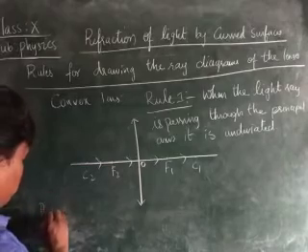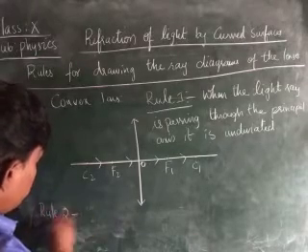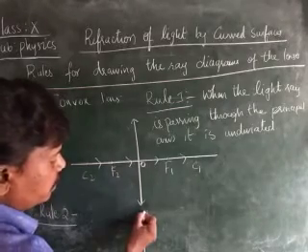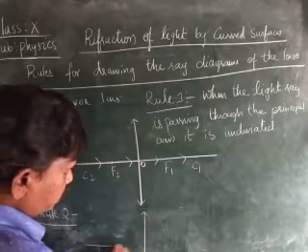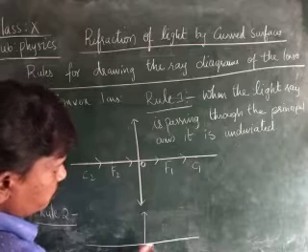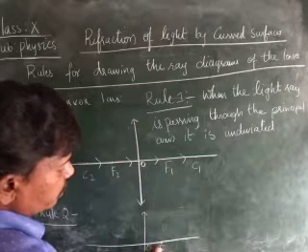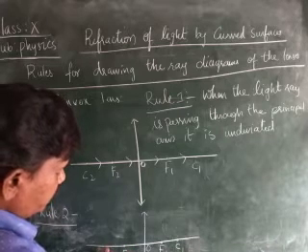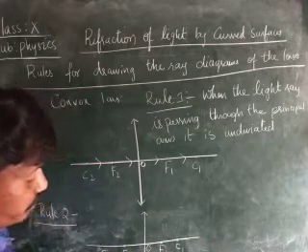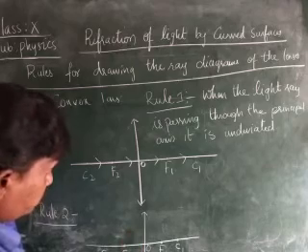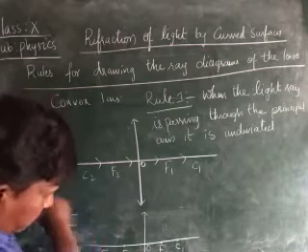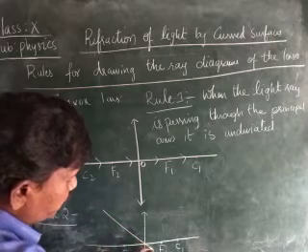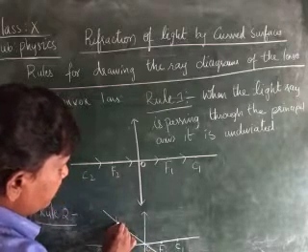Rule 2 is that when a light ray is passing through the optic center, it is undeviated.